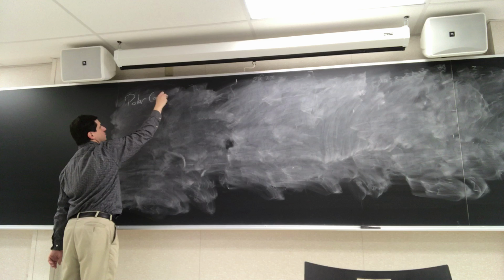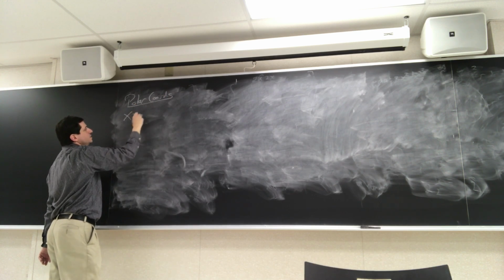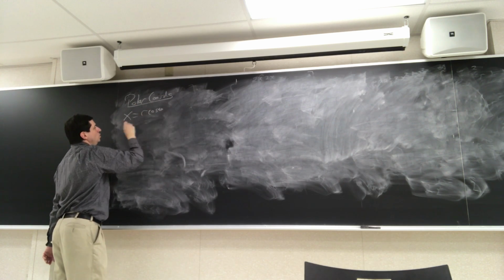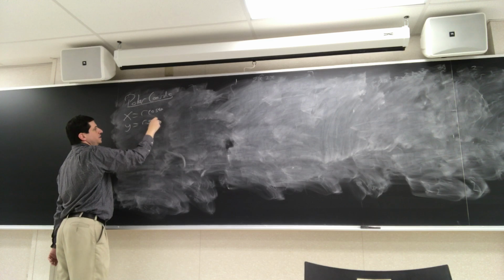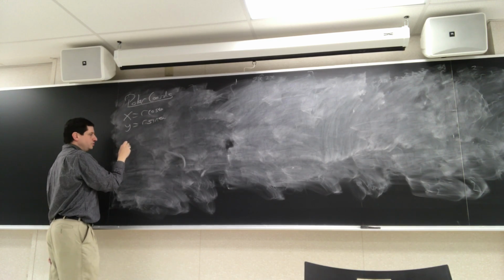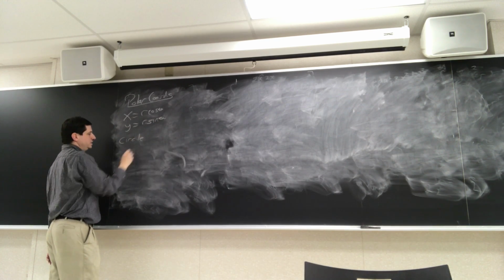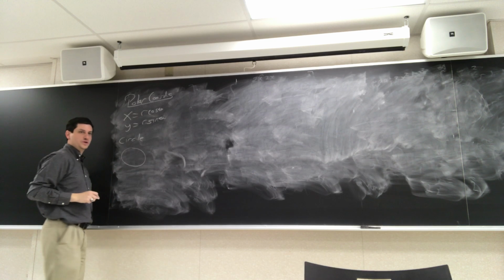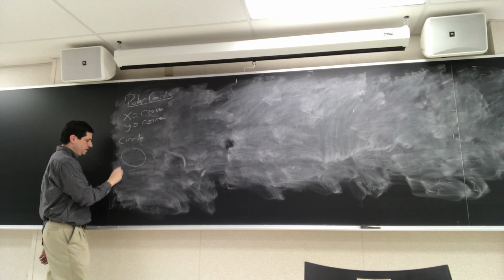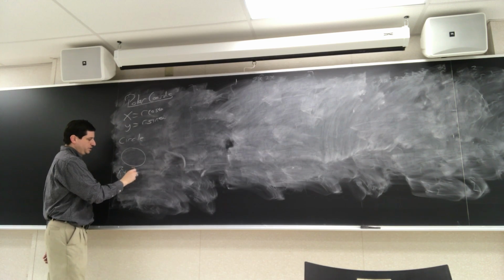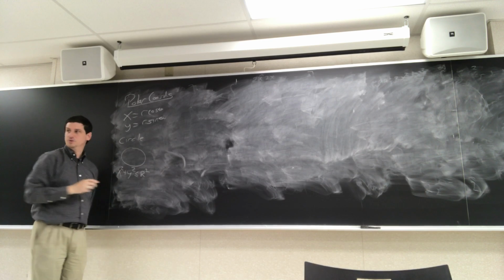So polar coordinates. So we have x is r cosine theta. We have y is r sine theta. If I have a circle in Cartesian space, this is what a circle looks like. Maybe x squared plus y squared less than or equal to big R squared.